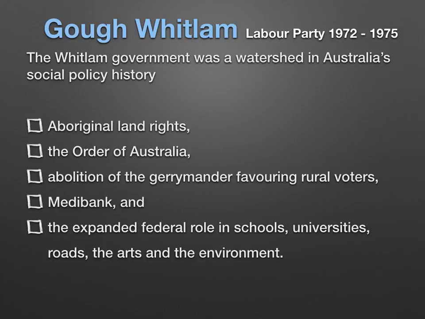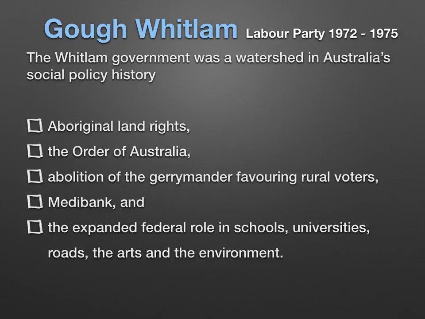Now what that means is that in the House of Representatives there was a system where a small number of people could elect a House of Representatives politician, and that's what they call the gerrymander. So today it's much more even, with about 80,000 people electing each one of those politicians.